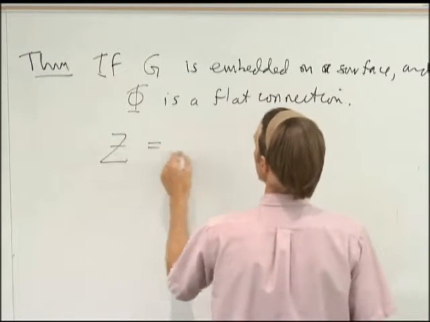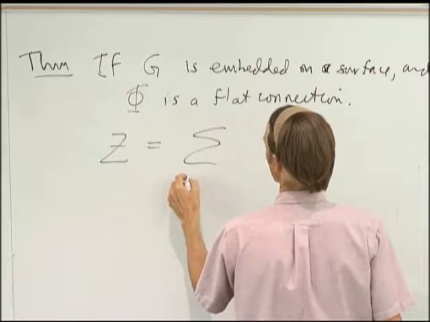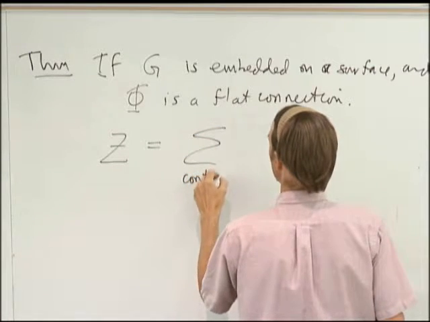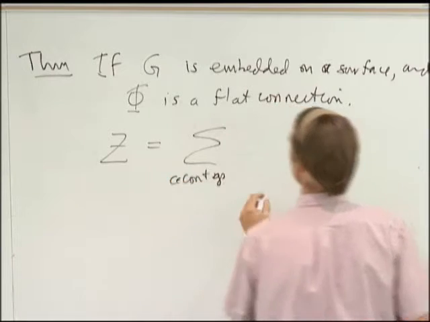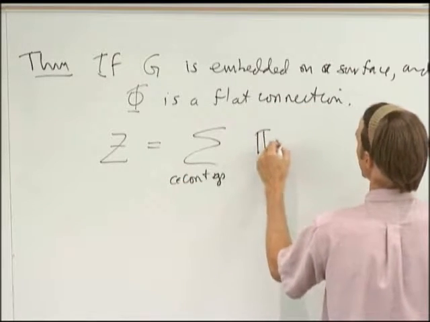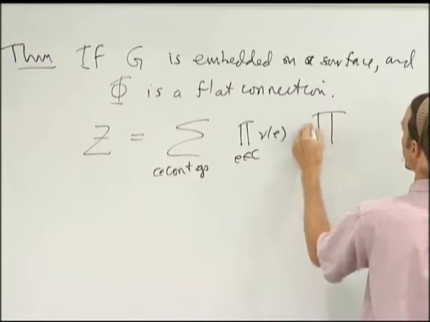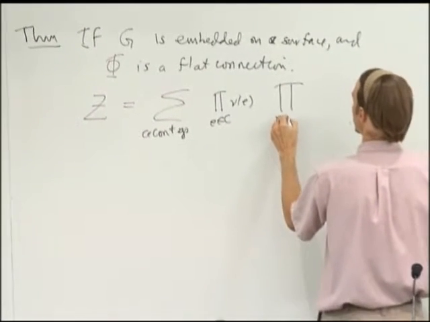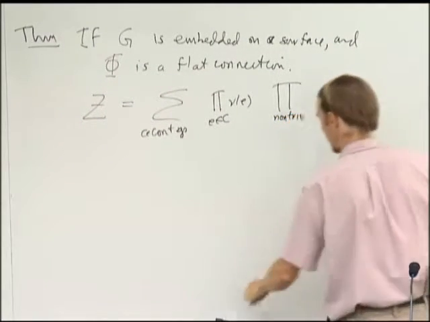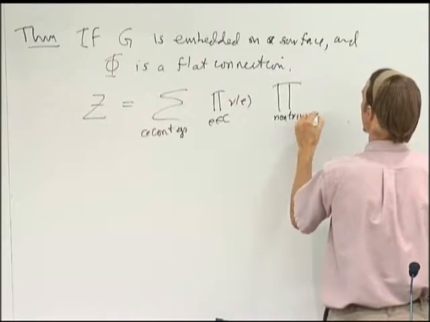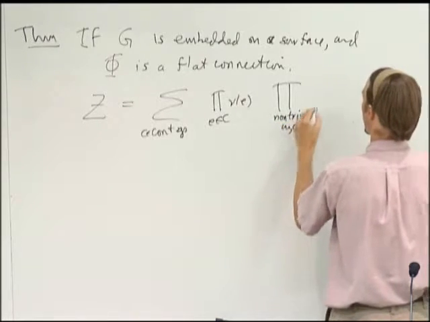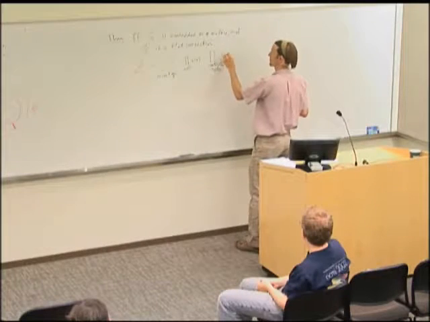Now it's a sum over all configurations C. Again, we still have the product, but now we're only going to get the product over non-trivial cycles, by which I mean topologically non-trivial cycles, of the trace of the monodromy.